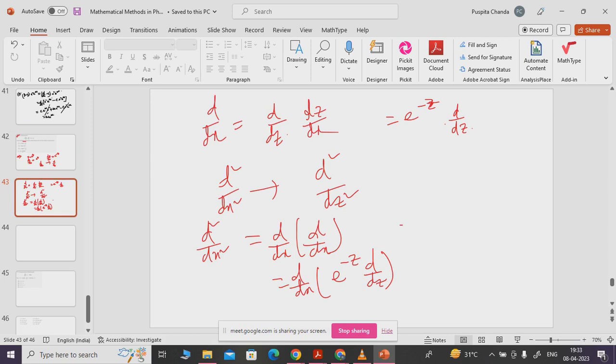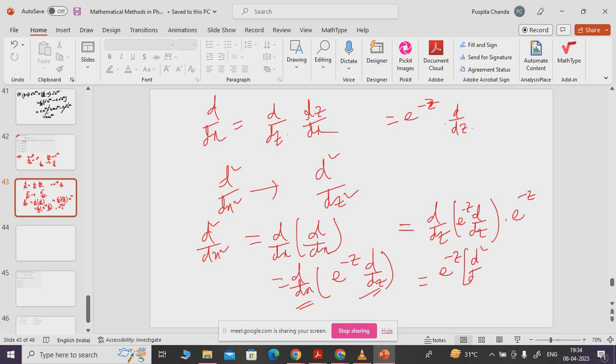right? Also this d/dx can be written as d/dz into e to the power minus z, and it will be here as it is.